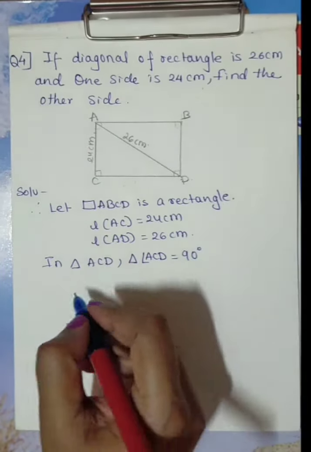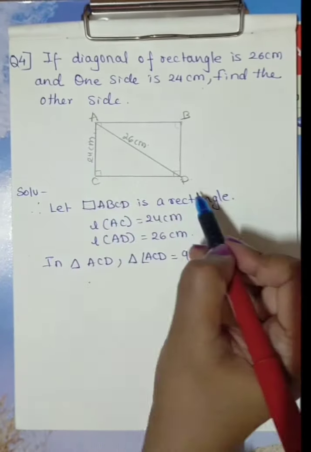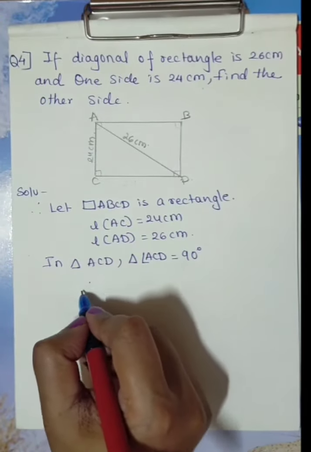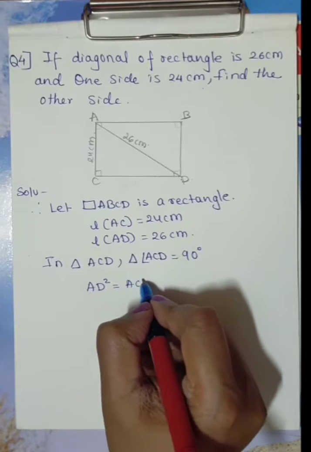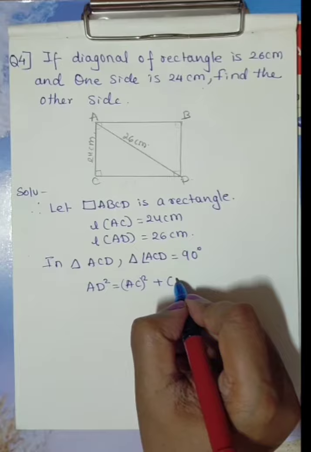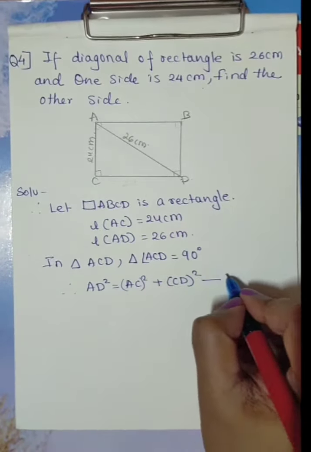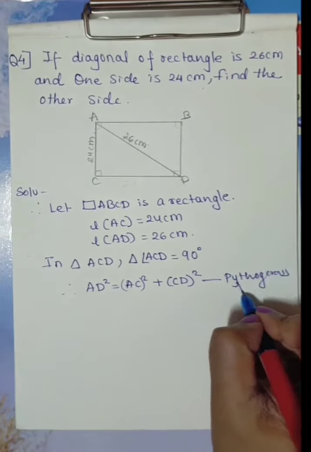Okay, now here this is AD. Okay, so AD will come this side. AD square is equal to AC square plus CD square. This is our Pythagoras theorem.